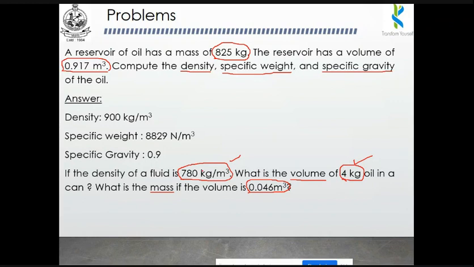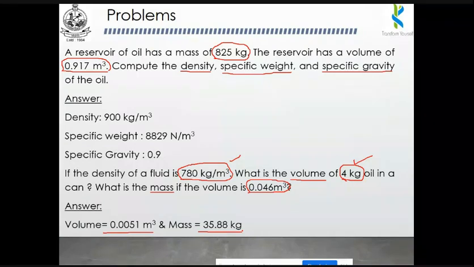So the density is common for both equations. The answer for this particular question is that volume is 0.0051 meter cube and mass is 35.88. You can use the basic formula for density and you will get the answer for volume and also mass. So these two problems are homework problems.